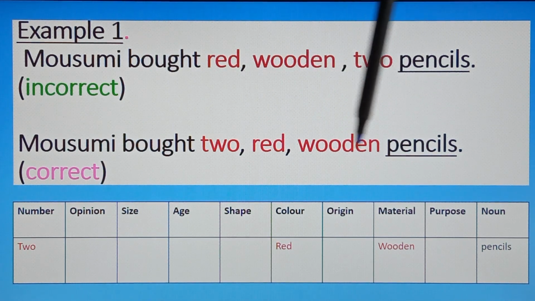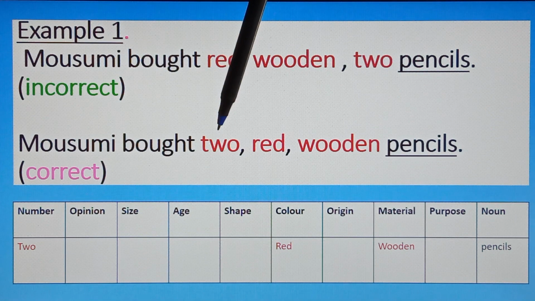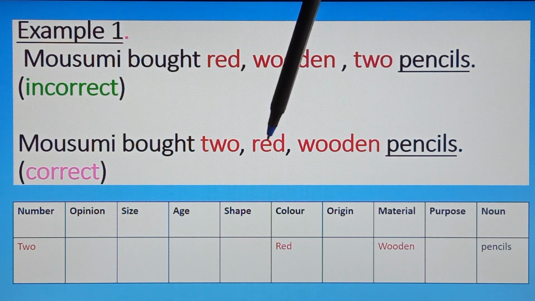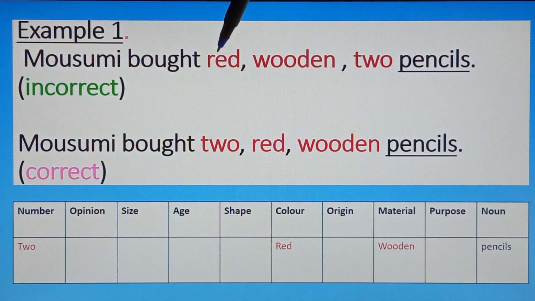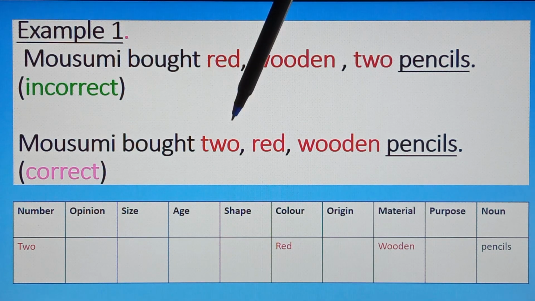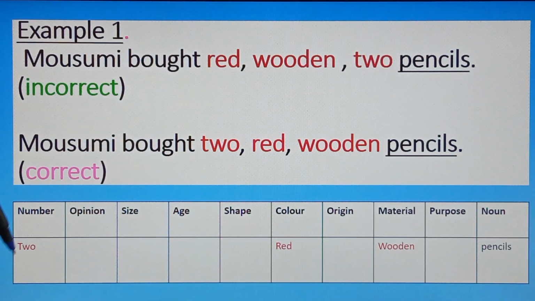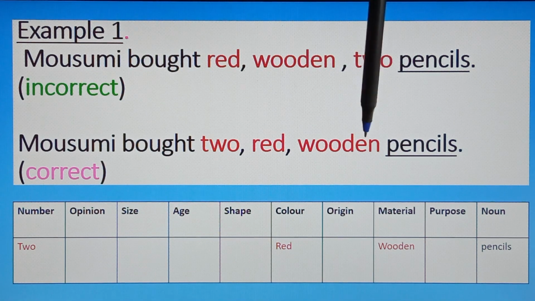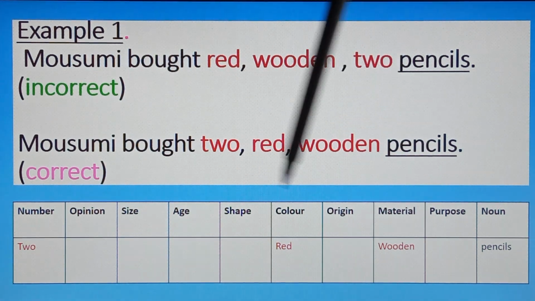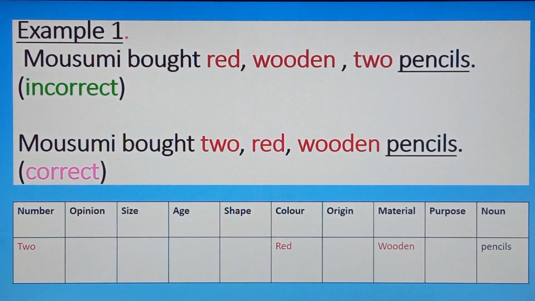Because we are putting the adjectives according to the order. In the first sentence, we are not putting them according to the order. Now see here: two is number, red is color, and wooden is material. So according to the order, we place the adjectives.